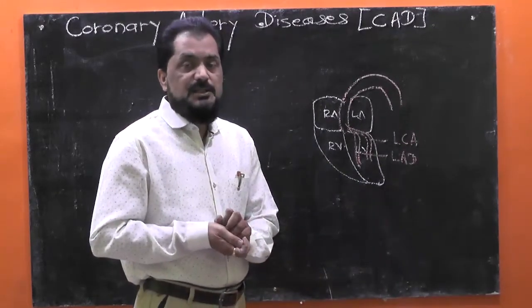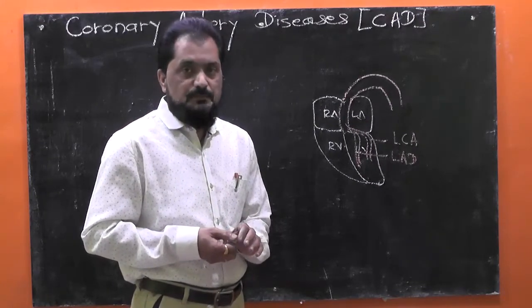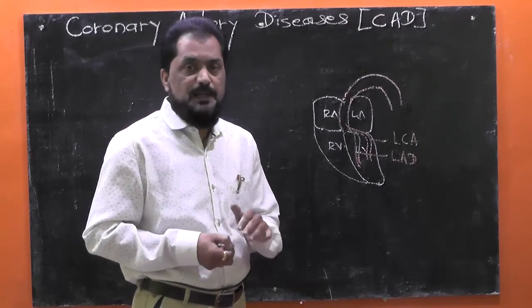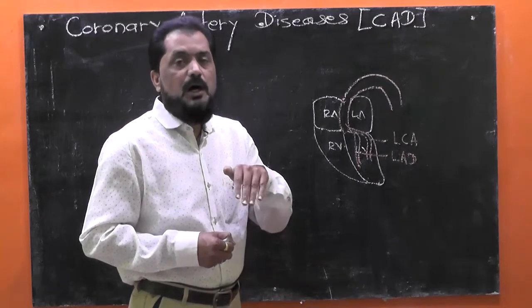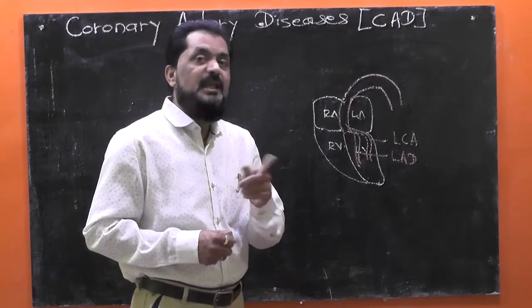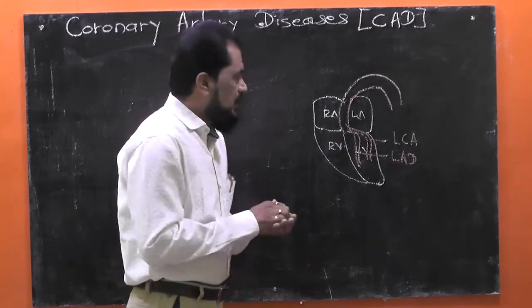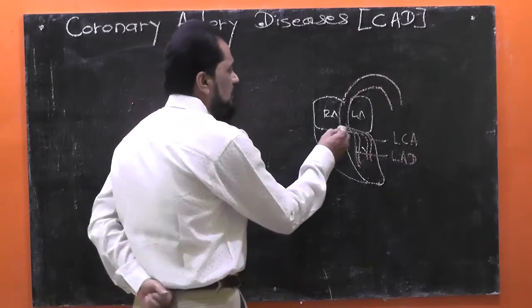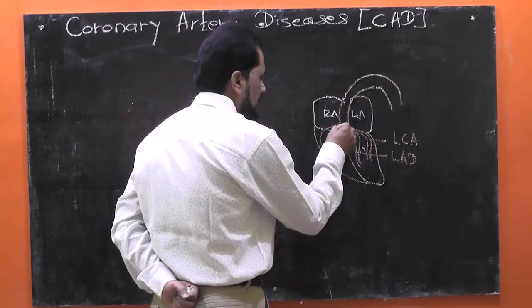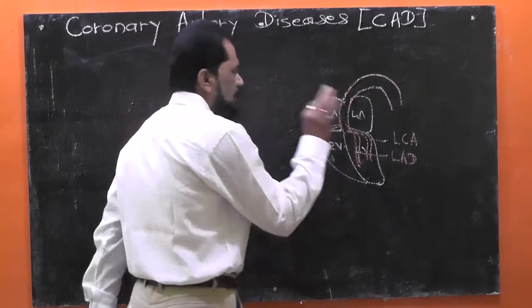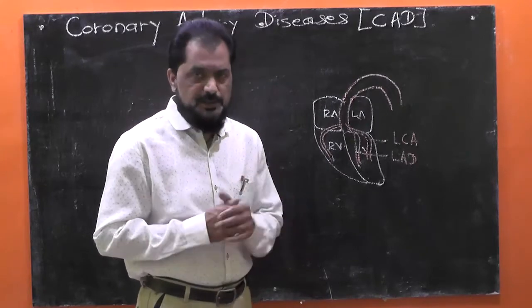This LAD is considered the most important type of coronary artery because it supplies blood to the major part of the anterior wall of the heart, and therefore any damage to the LAD is quite dangerous. And the third major coronary artery is known as the right coronary artery. Here I have shown the three major types of coronary arteries.